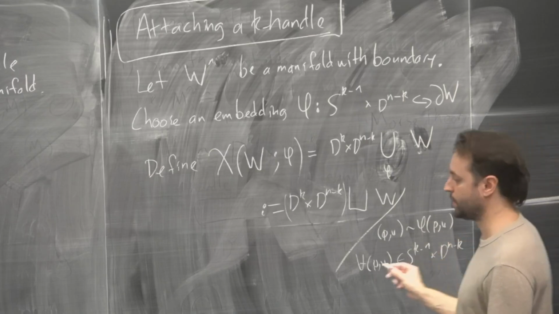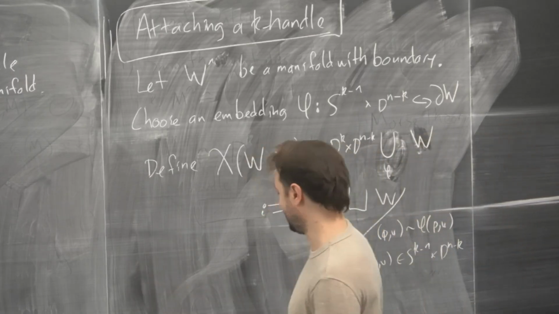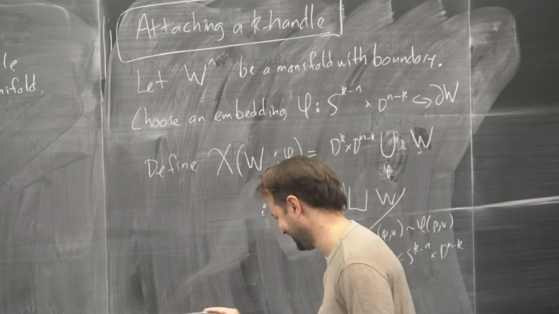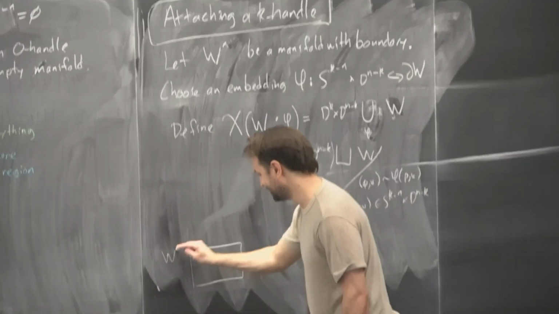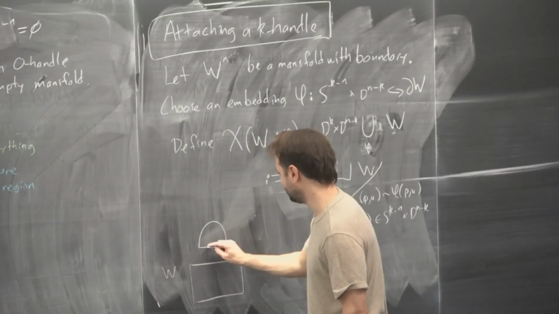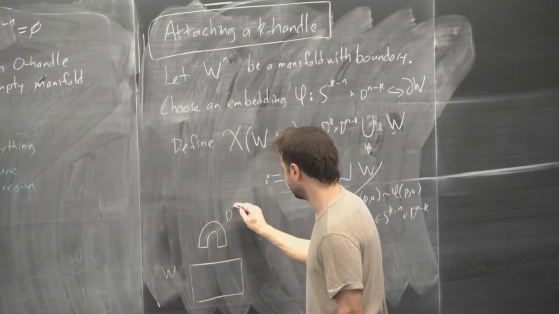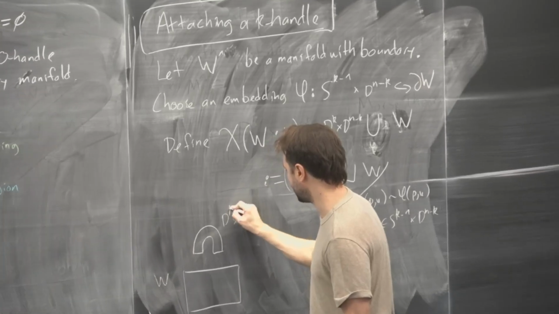So I'm going to draw the picture again. Here's our W. Here's our one-handle. I'm going to write it as a k-handle.